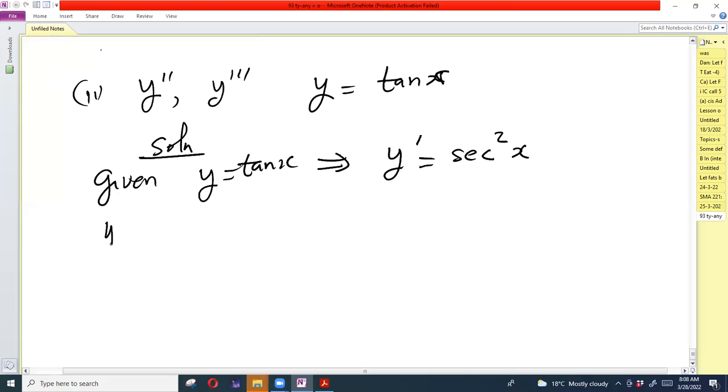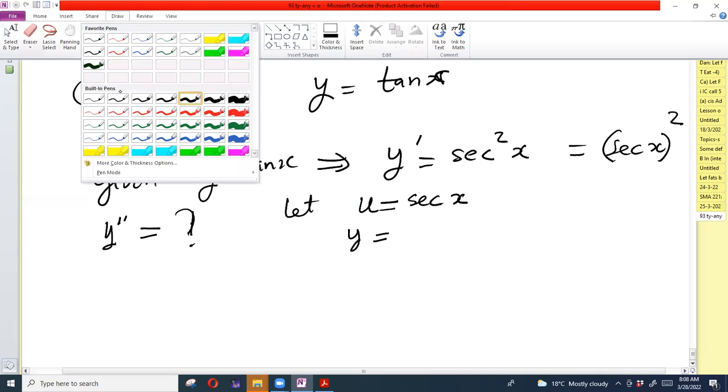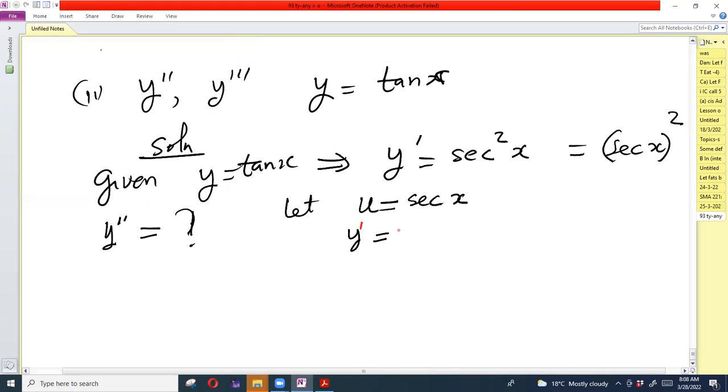Then the second derivative, we'll use the chain rule. Remember this can be written as sec x raised power 2. Let u be sec x. If we call the first derivative f, then f will be the same as u squared.